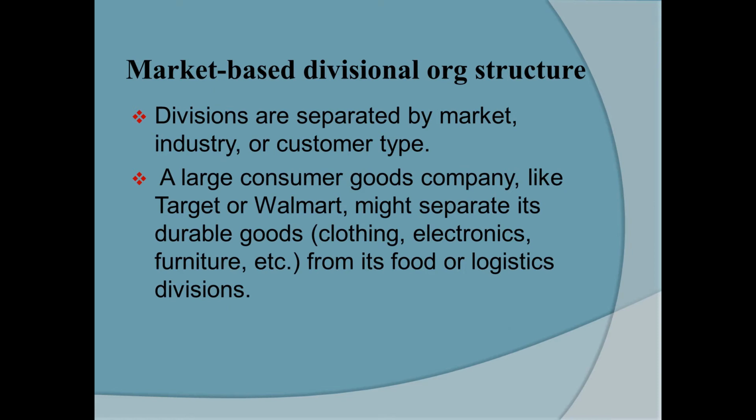So there are divisions for clothing, electronics, furniture, and the like. Food and logistics divisions are also separated, from products to the transport systems and the marketing strategies.